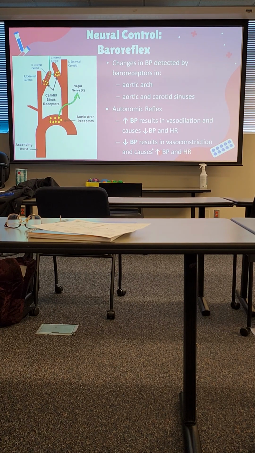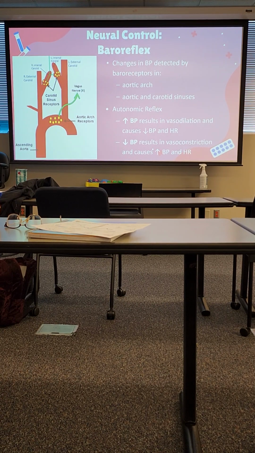Okay? So if we have high blood pressure, it's going to automatically tell our body to vasodilate, right? We open up our vessels so we can drop our blood pressure and then lower heart rate. If our blood pressure is too high, that can lead to stroke, that can lead to tissue death. That's just a whole slew of issues we don't want.